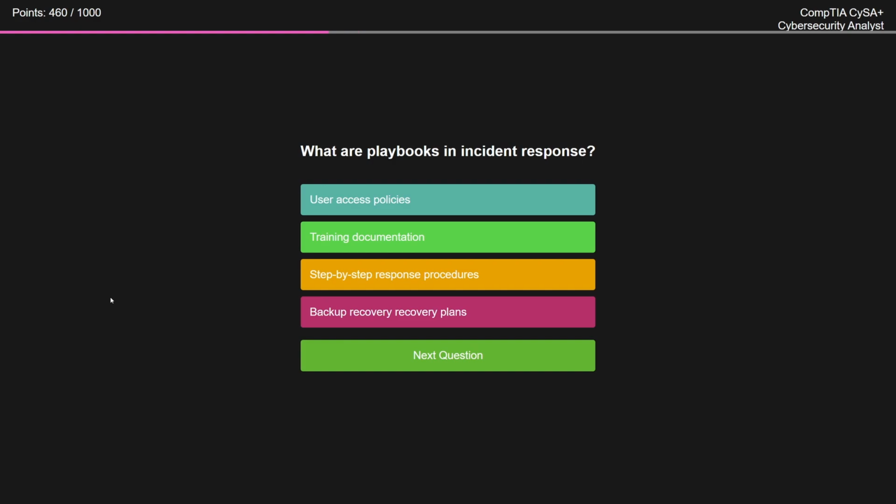Playbooks, what I like to think of them as, is like what you do, step-by-step what you do in the event of an incident. That's what I like to think of a playbook in terms of incident response.